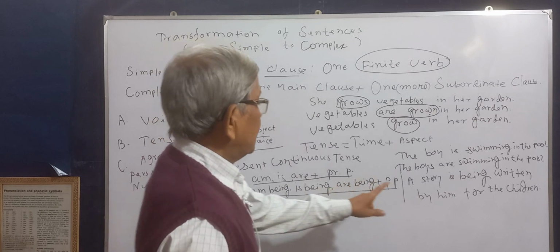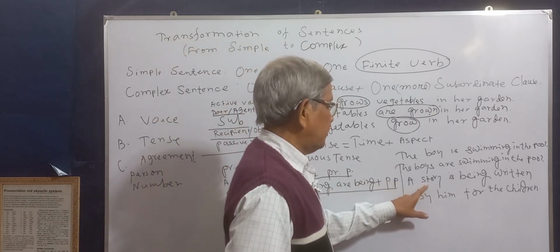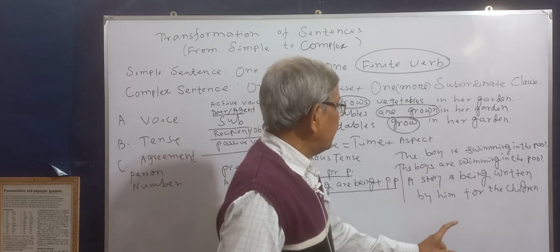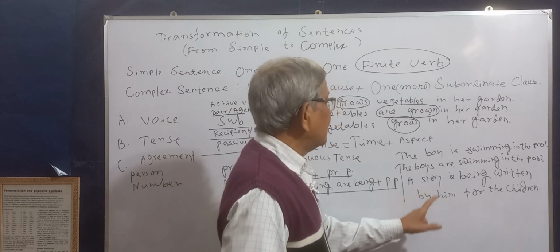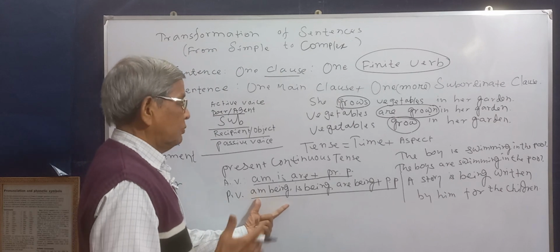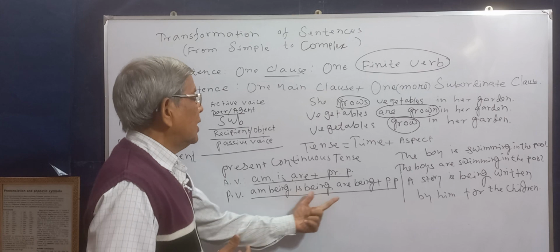Here, the subject is the recipient. The action of writing cannot be performed by the story. It is being performed by him. So it is in the passive voice. Now we have three forms in the passive voice too. Am being written, is being written, are being written.